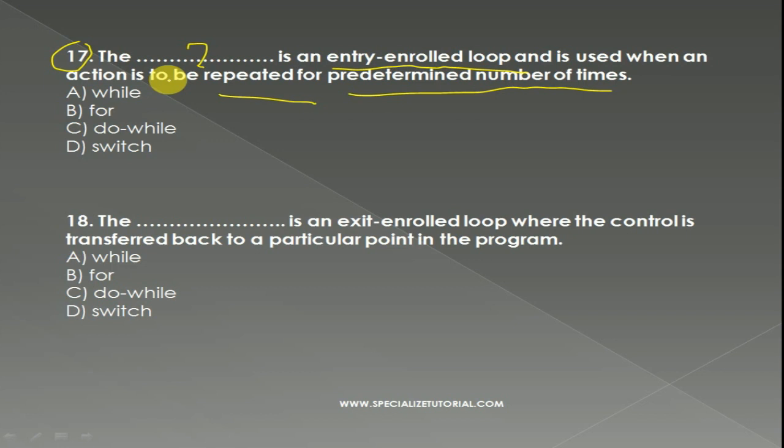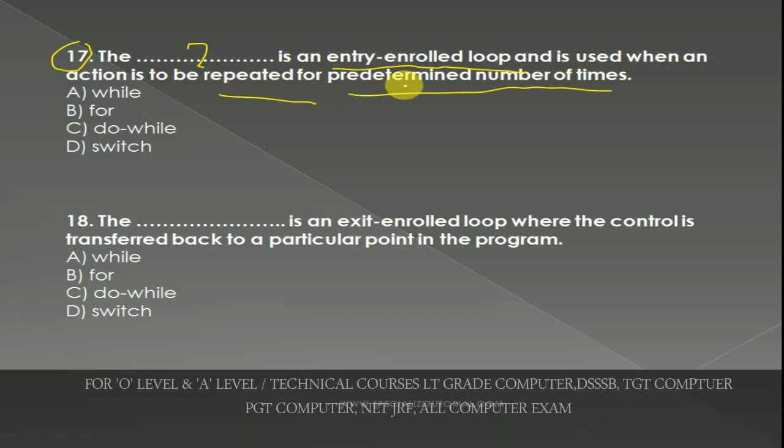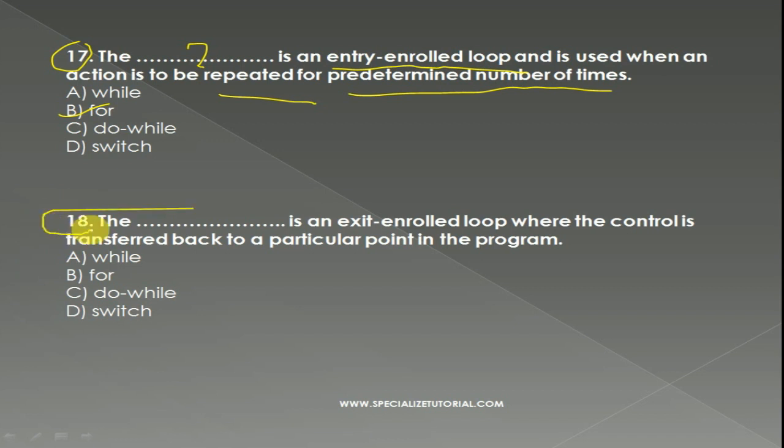So which condition can be used here? Obviously it is for. The for loop is an entry controlled loop, used when an action is to be repeated a predetermined number of times, like 1 to 10 or 1 to 100, in reverse order or forward order, with the help of for.